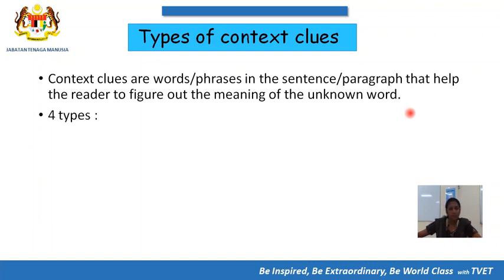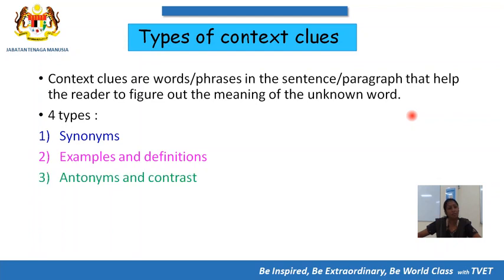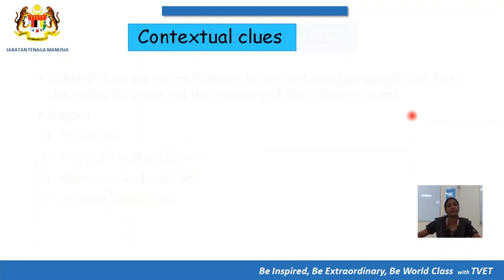Here we have 4 types of context clues: synonyms, which are similar words; examples or definitions; antonyms and contrast; and the last but not least, general knowledge.